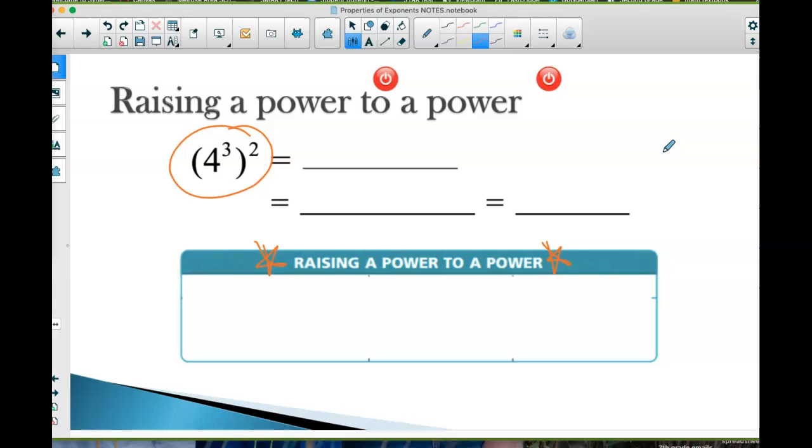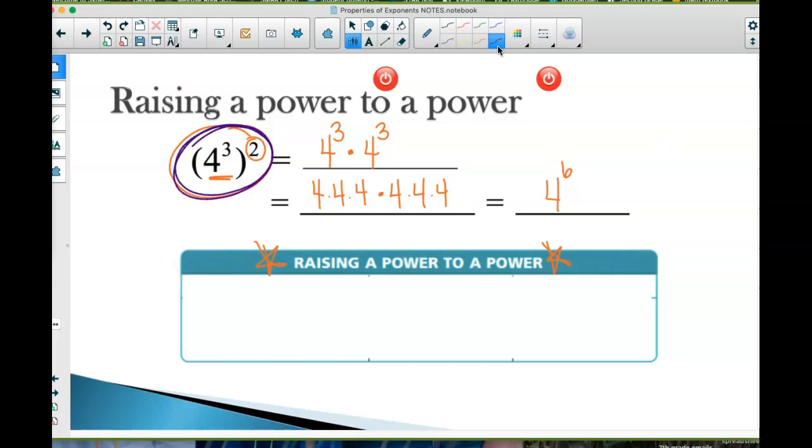What that really means is this 2 tells me I need this 2 times. So it's 4 to the third power times 4 to the third power. If I were to write that out, that's 4 times 4 times 4 times 4 times 4 times 4, which is really just 4 to the sixth power. Can anybody tell me what the shortcut is to get from here to here?